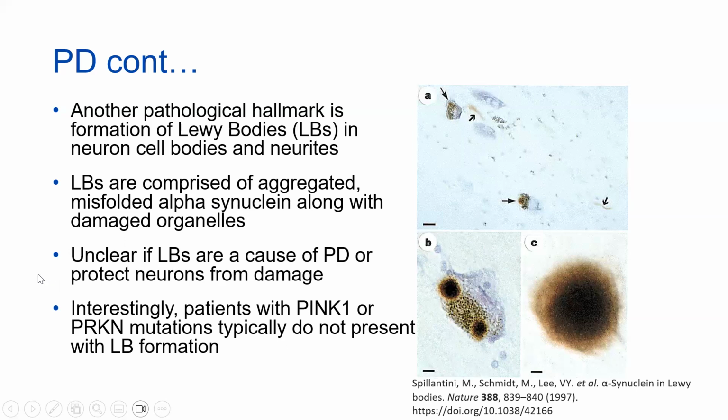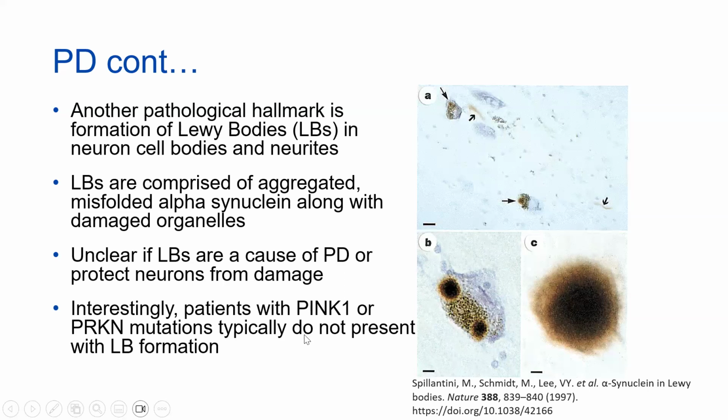Kind of similar to Alzheimer's disease, when I talked about how it's unclear if plaques and tangles are a cause of AD or if it's just a result of AD. Similarly, with Lewy bodies, it's unclear if they are a cause of PD or if they actually may protect neurons from damage. And this latter idea comes from the fact that patients with early onset Parkinson's disease, which most often occurs from mutations in PINK and Parkin, they get early onset Parkinson's disease.